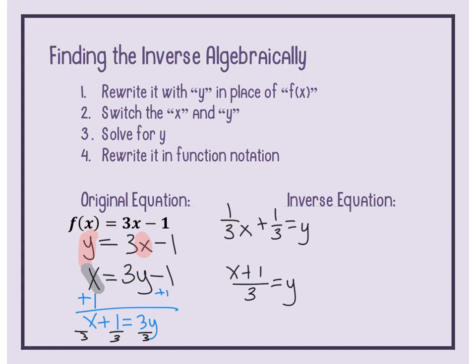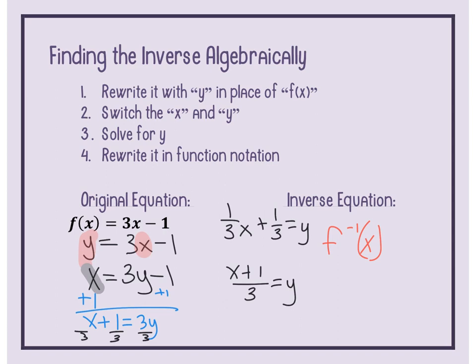So we just did the solving for y. Now we have to rewrite it in function notation. So we're going to go back to f of x, but if it's an inverse, my inverse is actually going to be f inverse of x. So that reads the inverse function of x, okay?